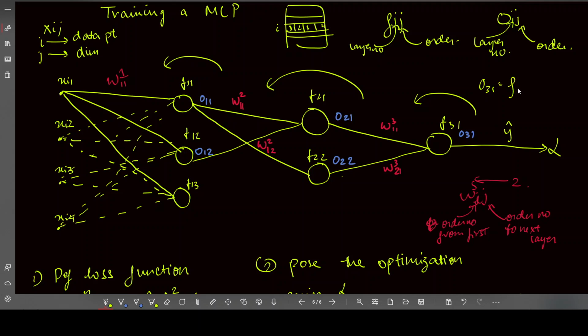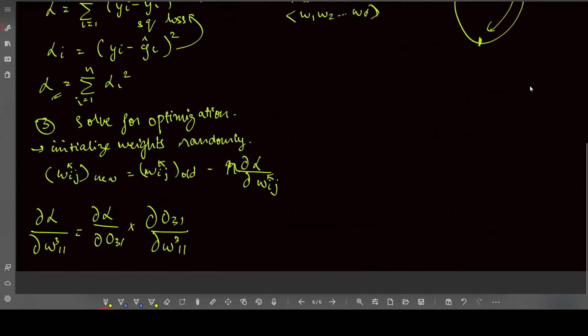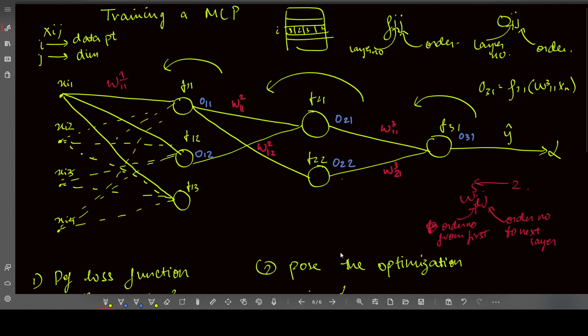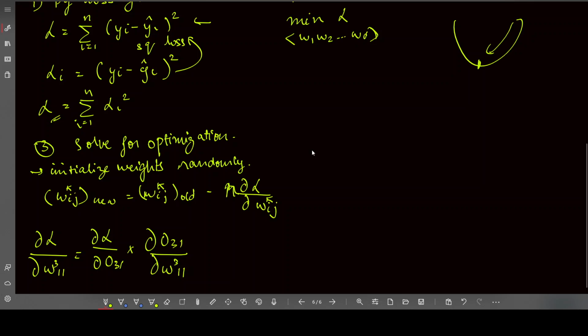O31 is basically f31 of W311 into some input, xn, something. So when I'm differentiating with respect to the output, I'm basically taking the function over there. So that is my dou L by dou W311. I won't write all of them because there are lots of equations here, but I'll explain how to go about it. This is one equation.